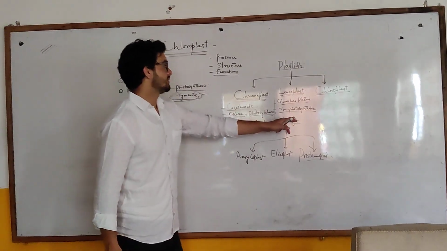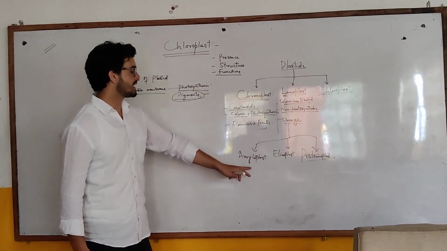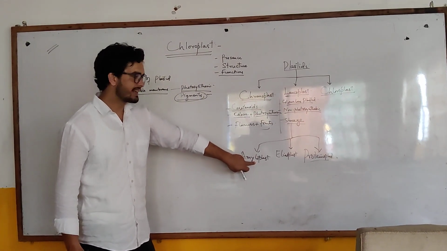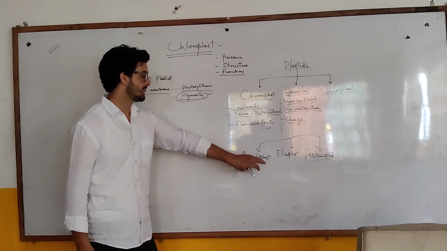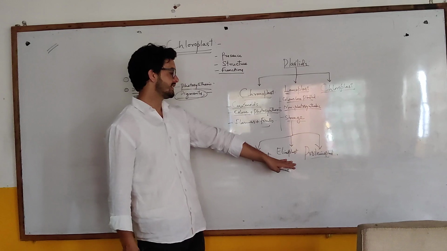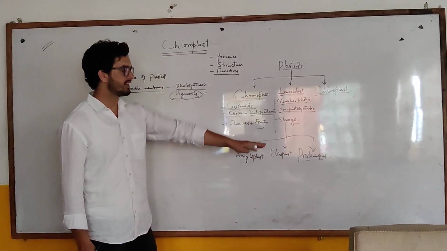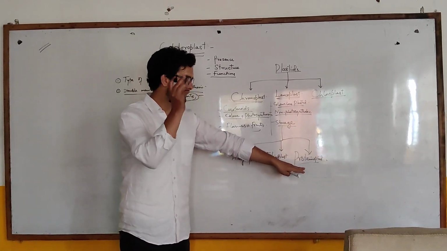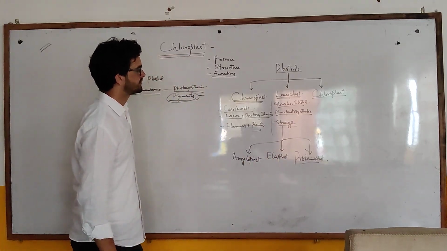When the food is stored by this leucoplast in the form of starch, it is known as amyloplast, when it is in the form of fats, it is known as elaioplast, and when it is in the form of proteins, it is known as proteinoplast.